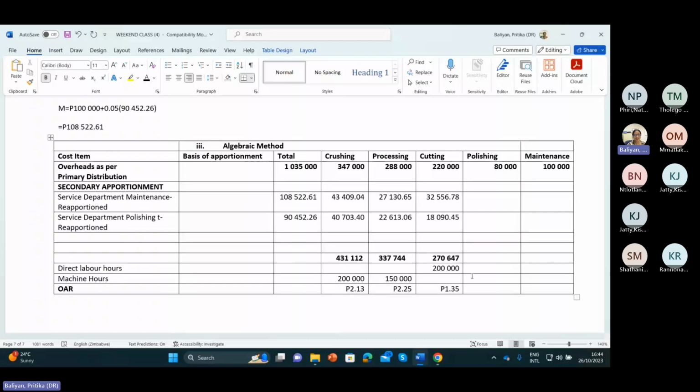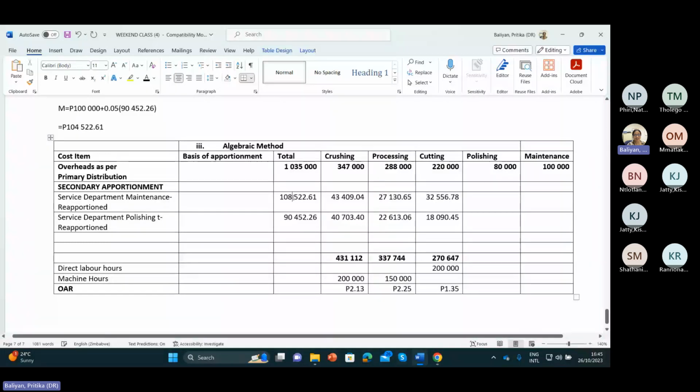Yeah, it's 104. That's why I was wondering why the answer was going more than that. Yeah, this figure is incorrect.